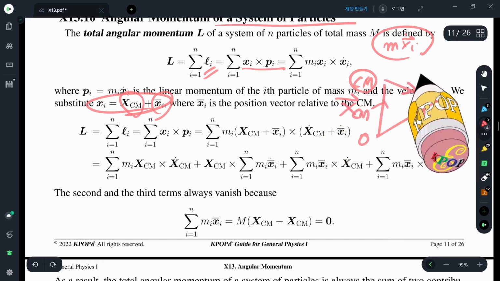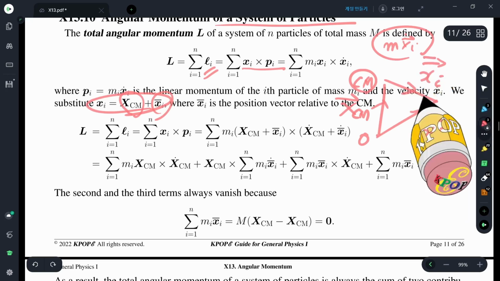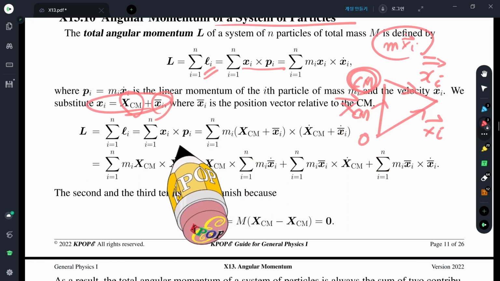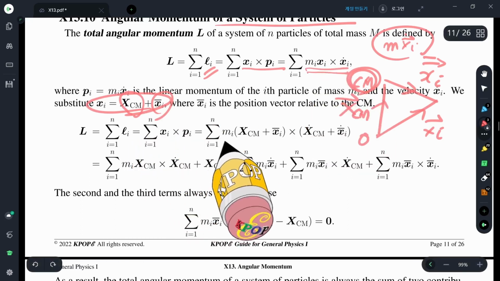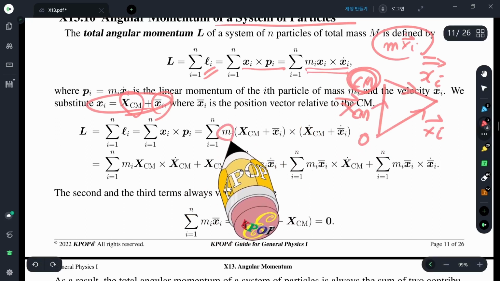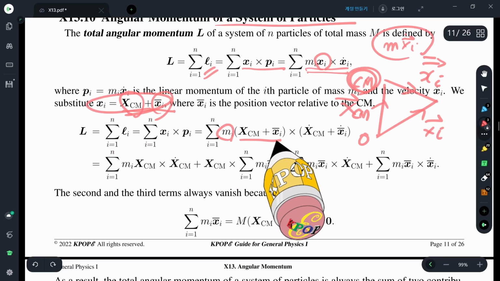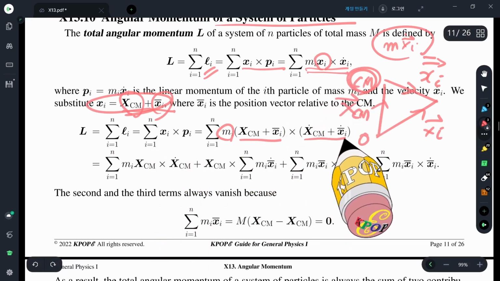Then this is the relative position with respect to the center of mass. So we substitute this in this formula, and m_i is pulled out. The position is expressed in terms of the sum, and we have the velocity, its time derivative.